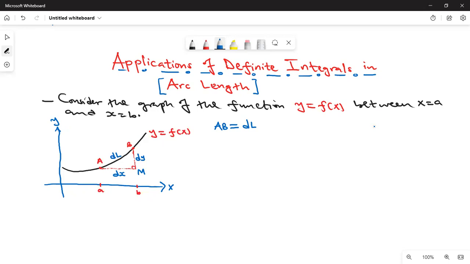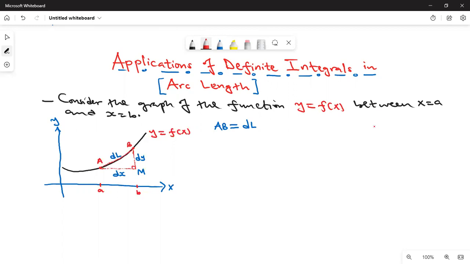Now look at what we are forming. If I join A to B straight away using a straight line, the length of that straight line is almost approximately equal to the arc length AB, as you can see from the diagram. So look at that triangle, it's a right angle triangle.